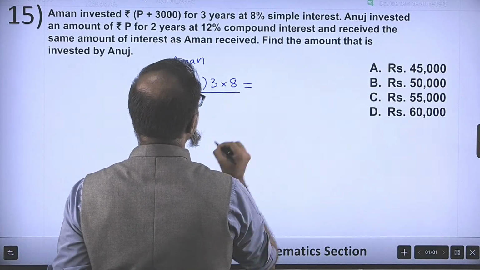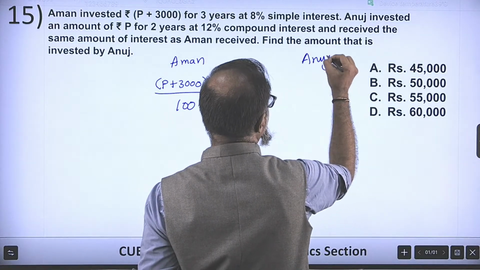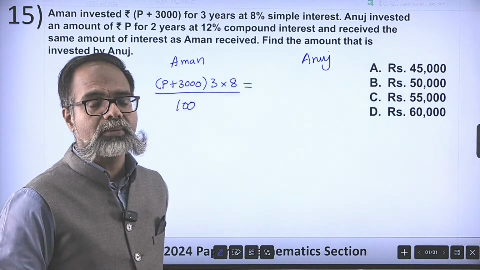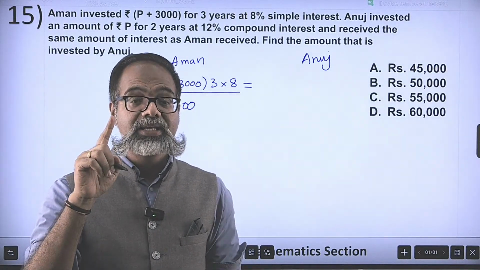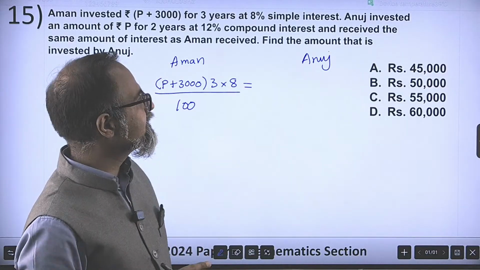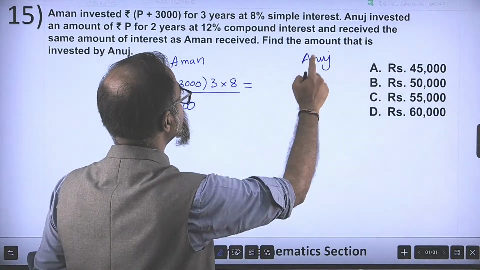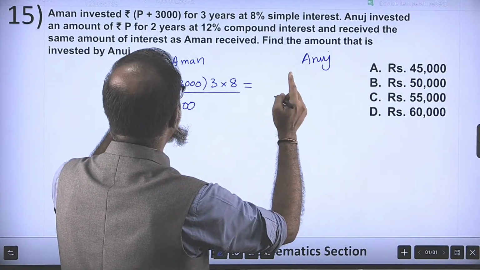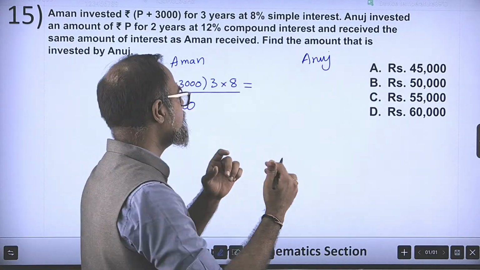And that is equal to what Anuj invested at compound. Now the important fact to remember is P into 1 plus R upon 100 raised to N is the amount formula. And here the interests are the same. So the amount which Anuj invested, I have to subtract it from the total amount he received to get the interest.